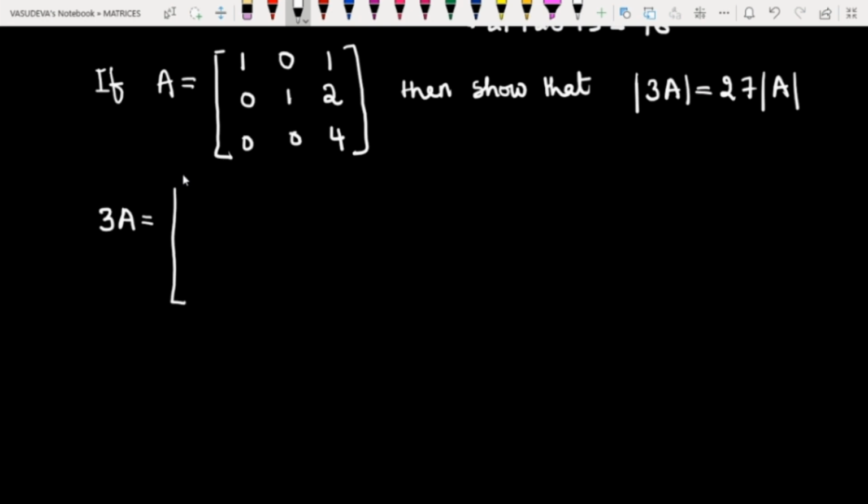Multiplying all the elements of the matrix A by 3, the matrix becomes 3 0 3, 0 3 6, 0 0 12.